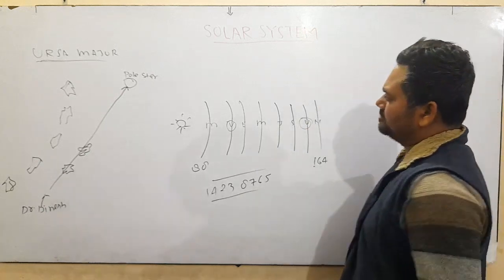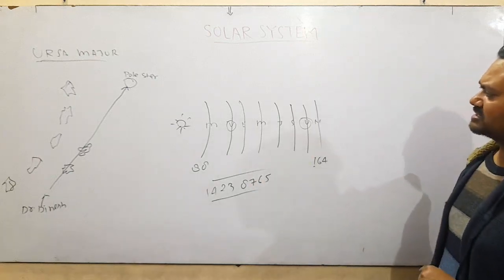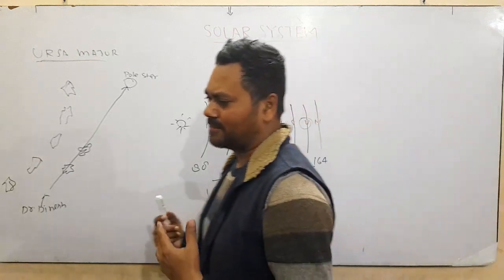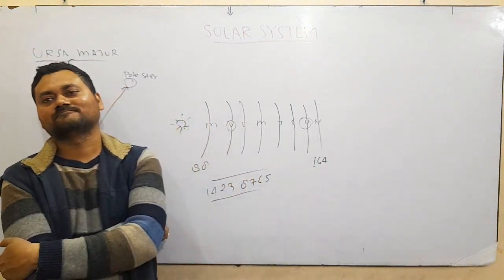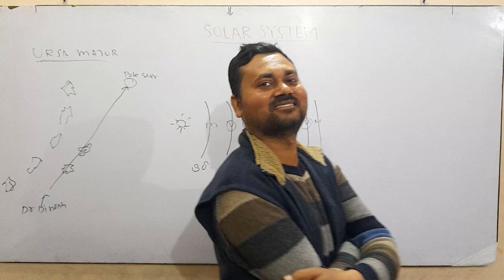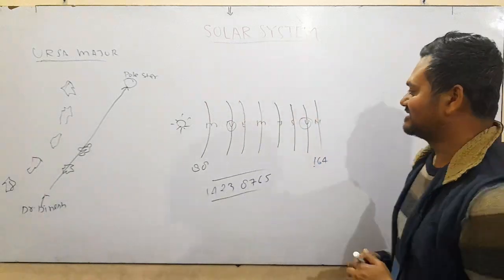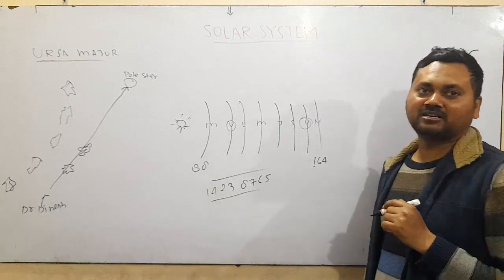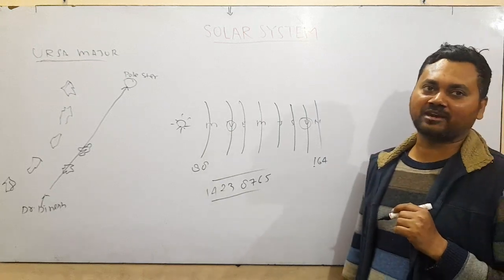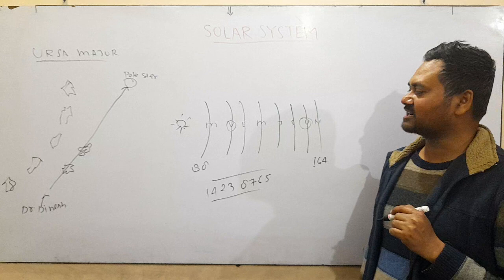All right, so yes, I was discussing why Pluto has not been accepted as a planet. But before that, one more thing let me discuss here, and this is the asteroid belt. Where is the asteroid belt present? Between Mars and Jupiter.